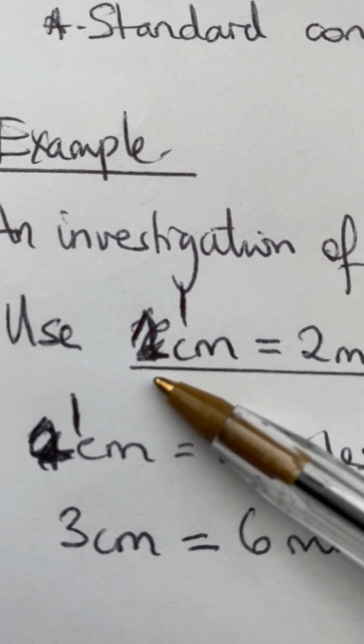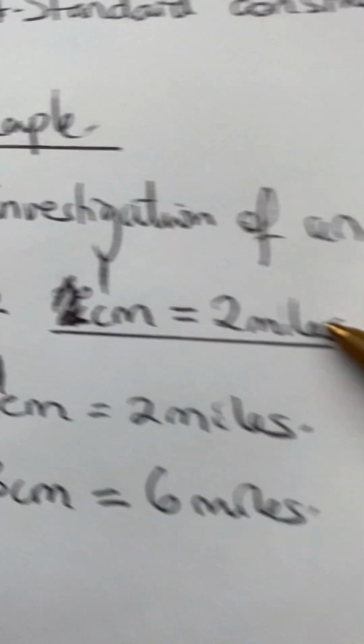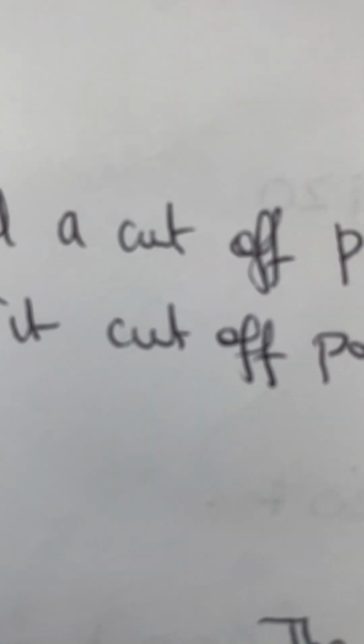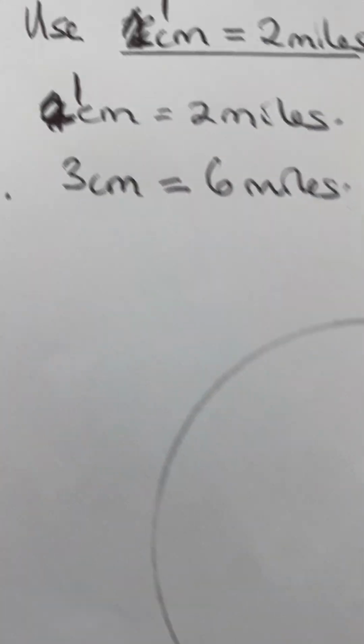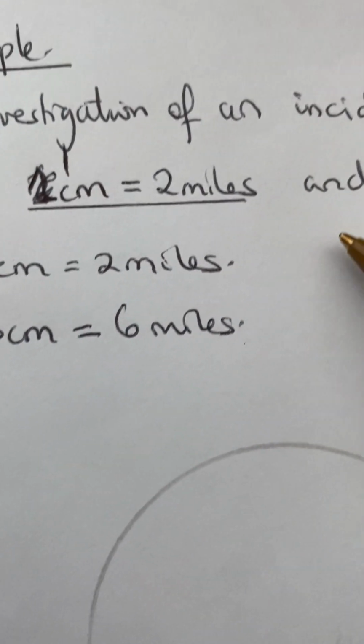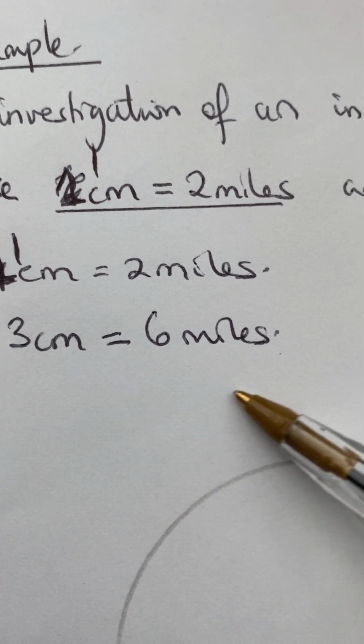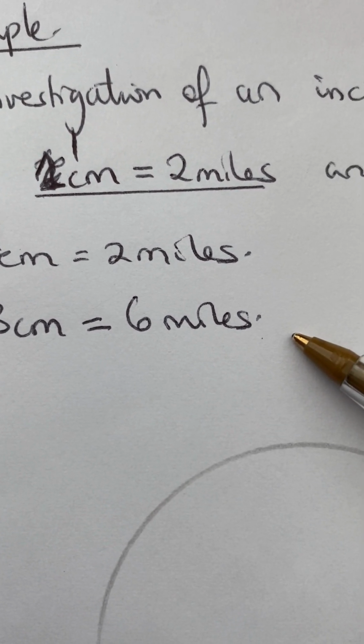They've given you, use 1 centimeter to 2 miles and draw the cutoff points or the boundaries. So 1 centimeter is 2 miles, so 3 centimeters will be 6 miles.